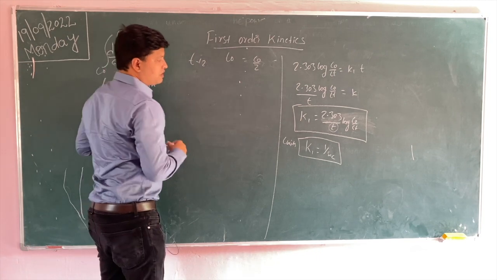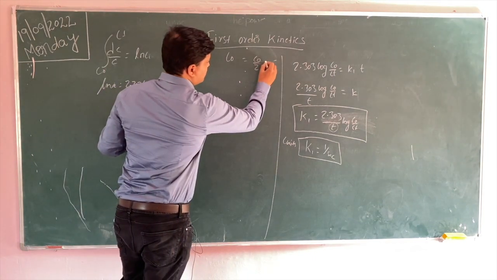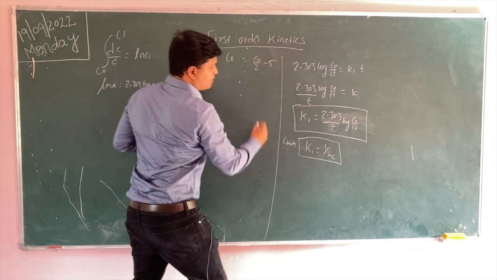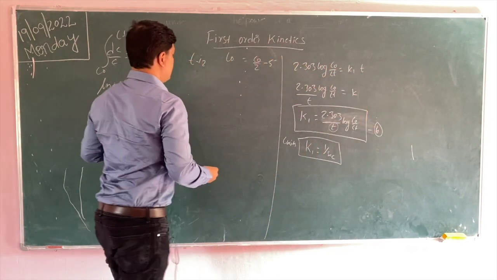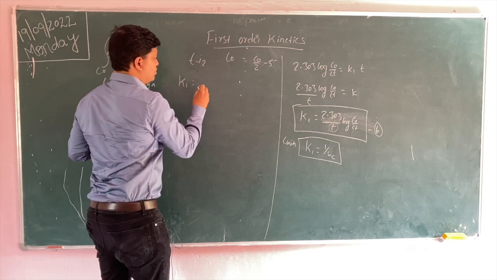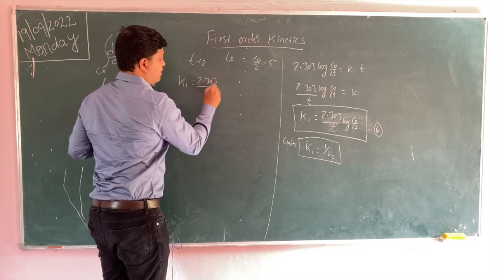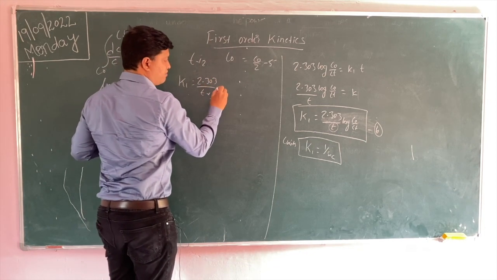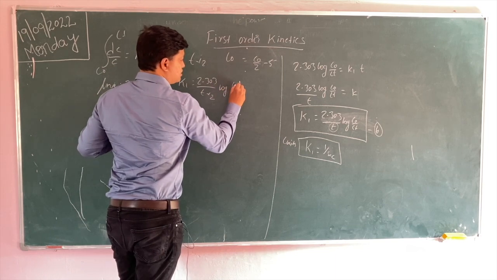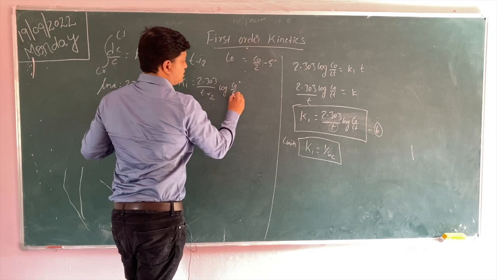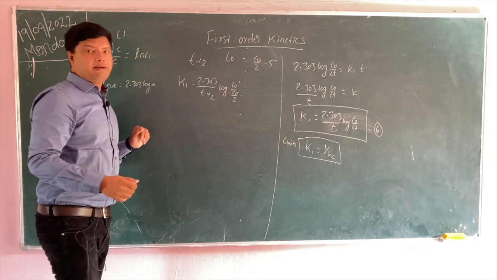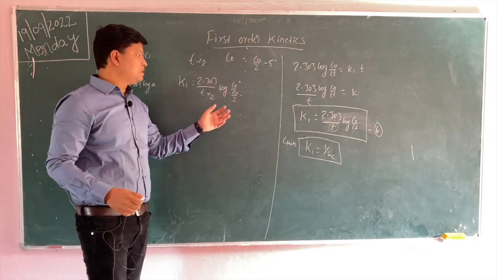So, substitute this equation in this one, assume this as the fifth equation, this is the sixth equation. What will you get? K1 is equal to 2.303 by T, taken as T half, log C naught by Ct. Ct will now be C naught by 2, because at T half the concentration will be C naught by 2.